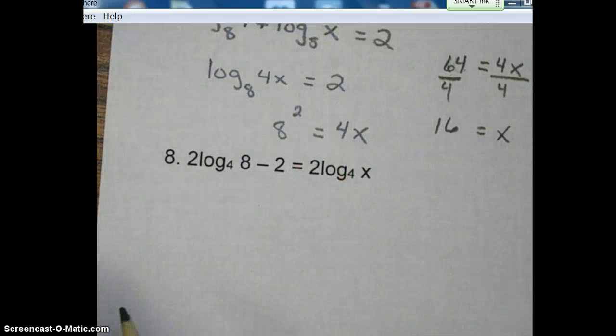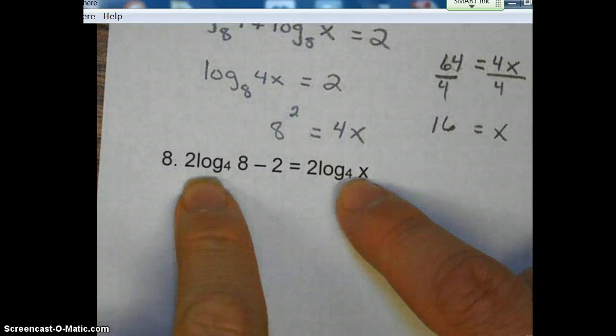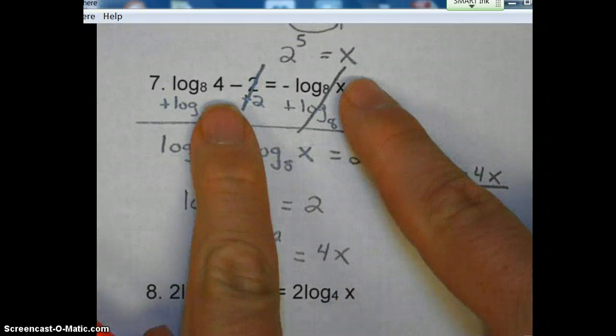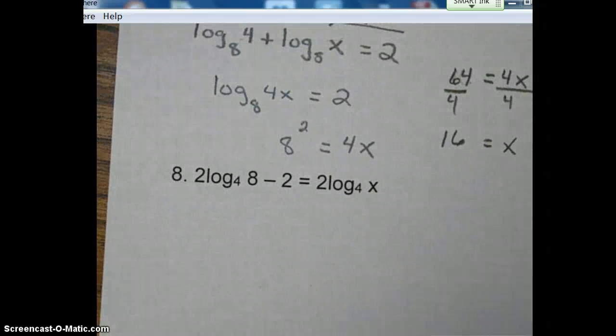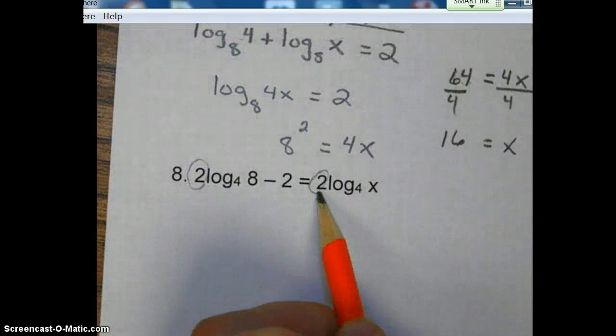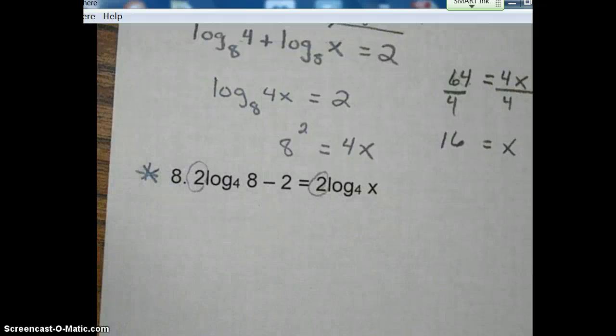Notice the 2 logs on opposite sides. Okay? It's very similar to the one above, except an additional step is needed. Another property needs to be used, and it has something to do with the number in front. Okay? So I will be checking number 8. Please do it. Find the answer. You can do it.